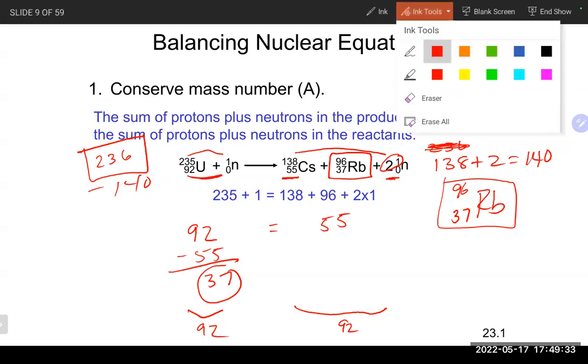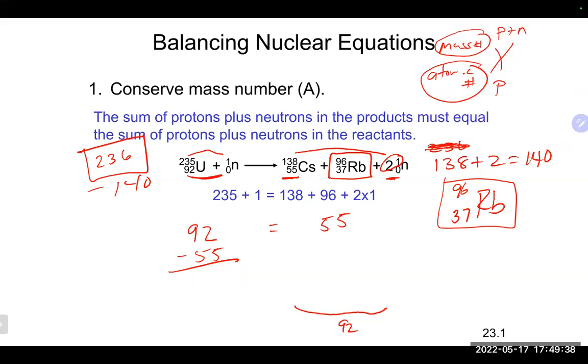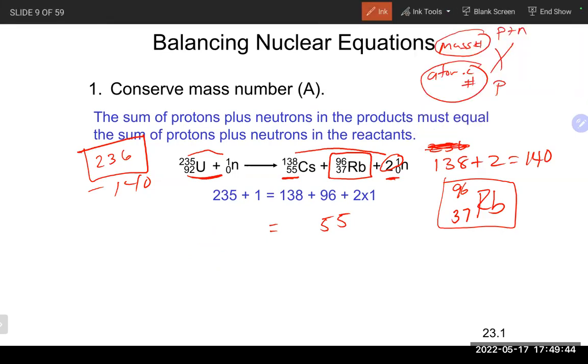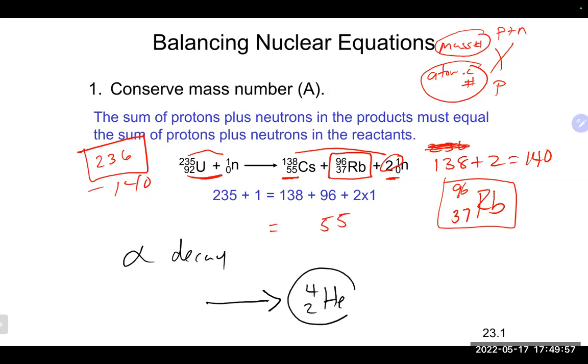Now, the other way is you'll sometimes just be given things in words, if you will, and they'll say, hey, this guy goes through alpha decay or beta decay or something like that. So they'll sometimes say it goes through alpha decay or any of those other particles. What that essentially means, in terms of the arrow, is that is where it will end up, on the product side.